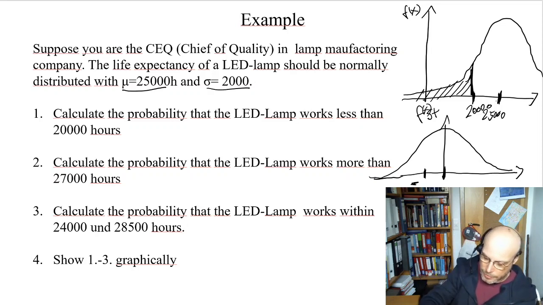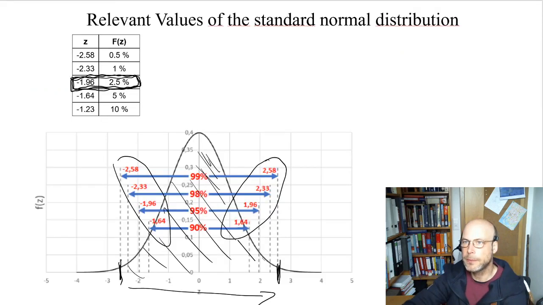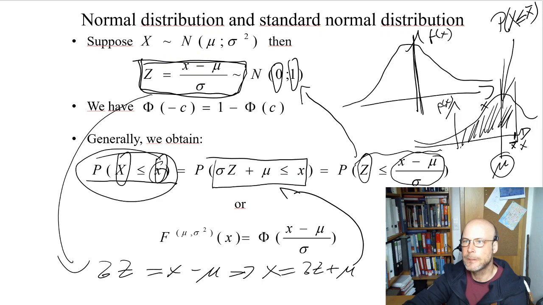You know, that is x minus mu over sigma, from our standard transformation on the former slide.